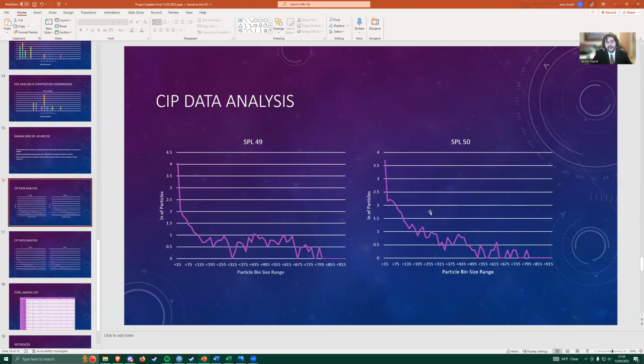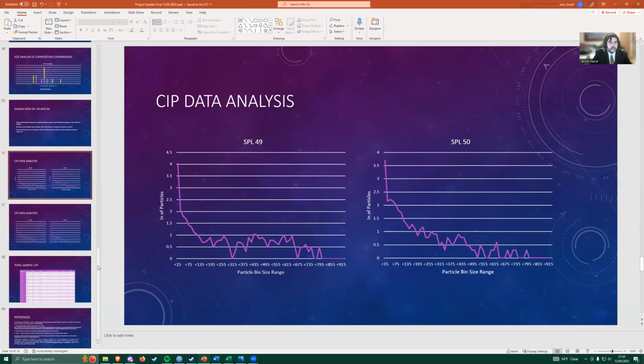And then from here we can also see that it was probably storming, but it might have been starting to calm down a little bit, because there's quite a lot less concentration here as compared to 49.